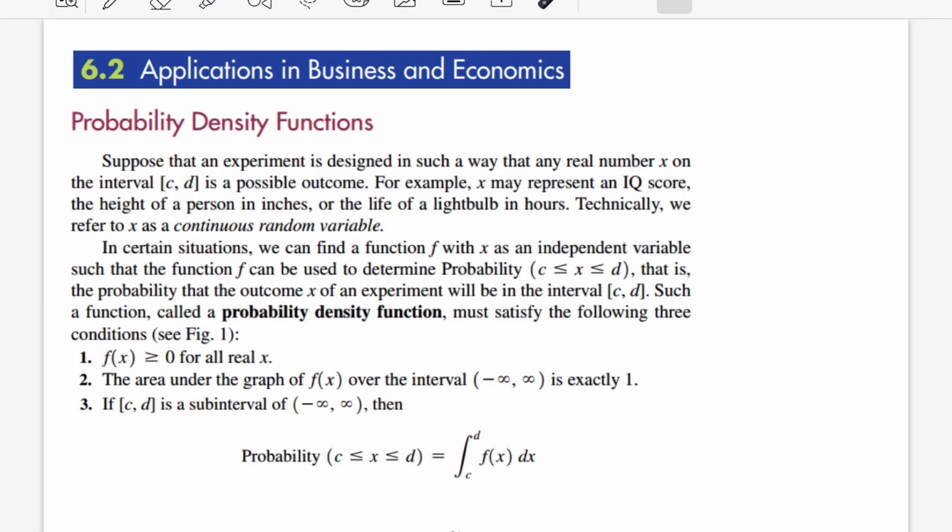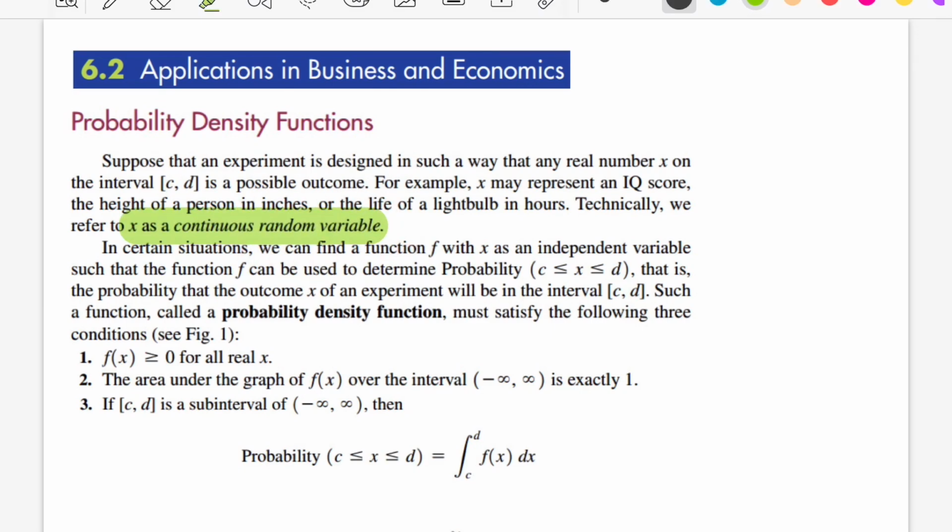Suppose that an experiment is designed in such a way that any real number x on some interval is a potential outcome. For example, x may represent an IQ score, the height of a person in inches, etc. Technically, we'll refer to x as a continuous random variable.